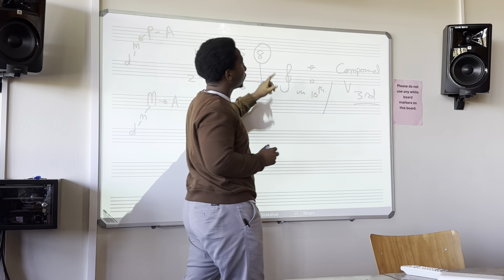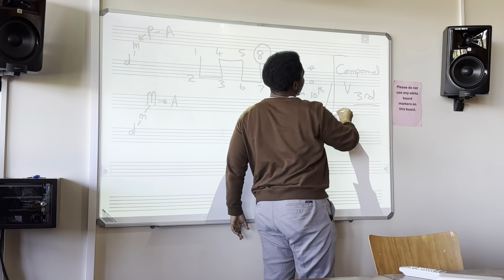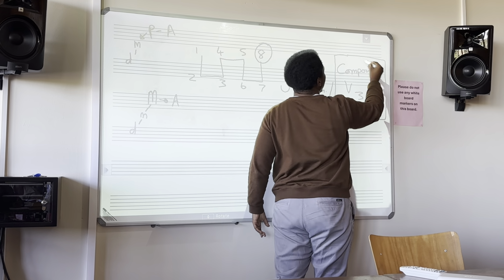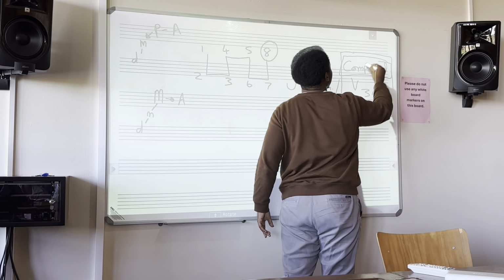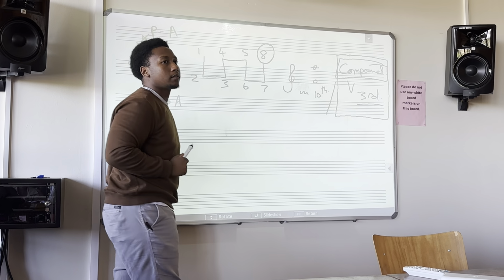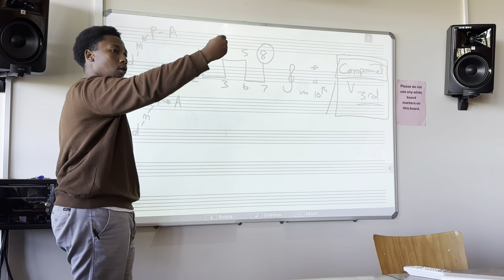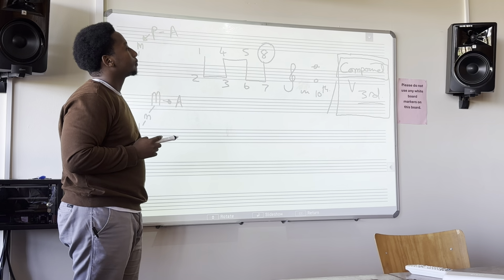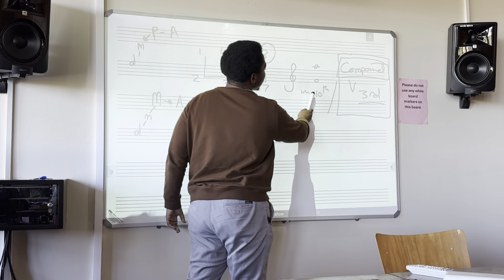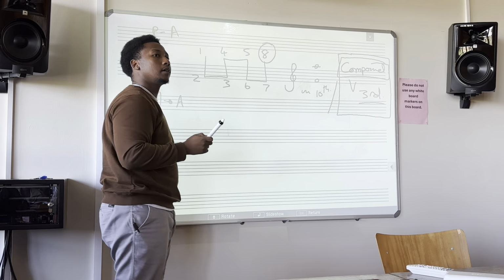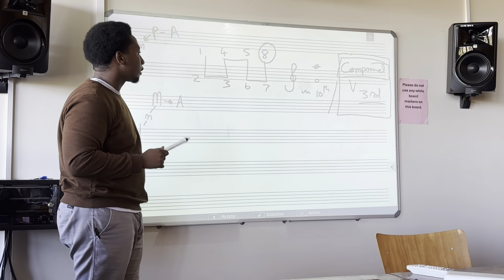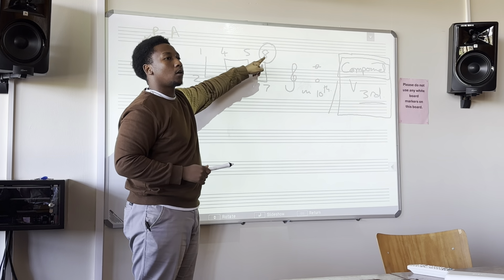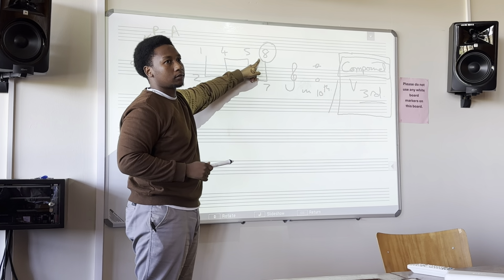So to be safe, go with this method where you drop it down, but you just indicate that you are aware that it's a compound, that it's above an octave, by saying compound. If you're going for the other method, it's difficult to state the quality because the numbers exceed the octave.